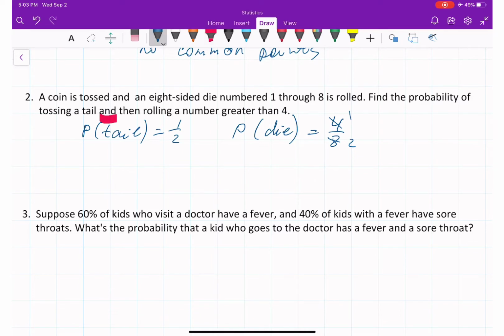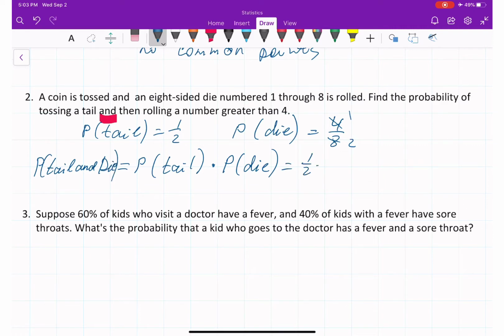So this is going to be the probability of tail multiplied by the probability of die. So this is going to equal 1/2 times 1/2, and we get 1/4. Okay?